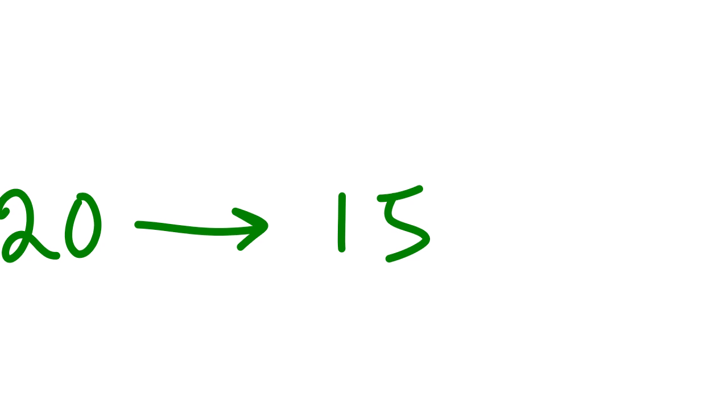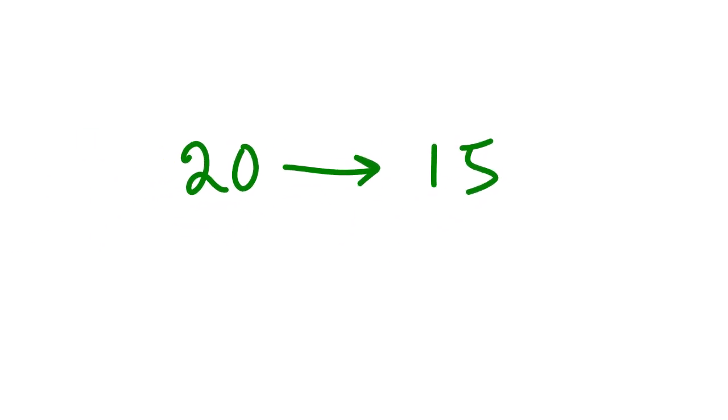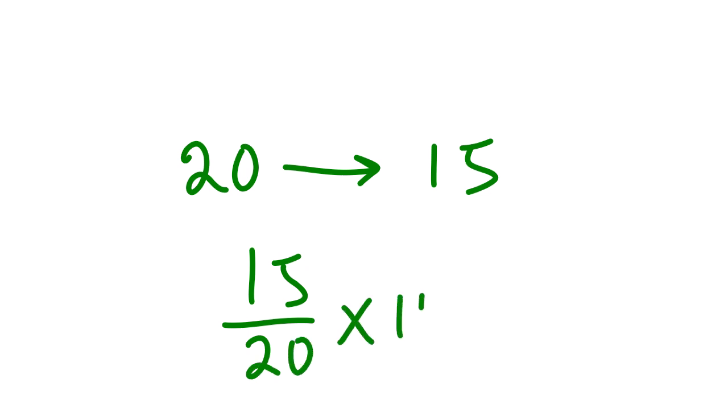So what is the percentage of this pass? What you should do is just say 15 divided by 20, then multiply by 100. That will give you the percentage of the candidates that passed the test.